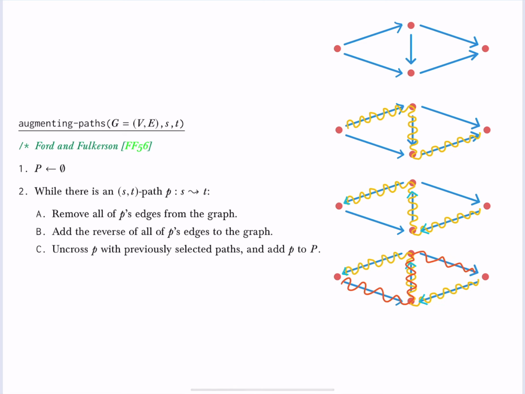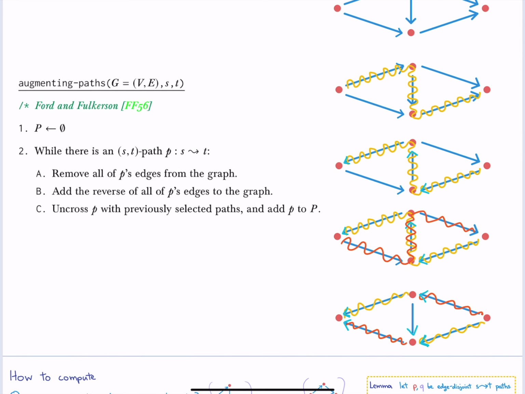Next iteration, you find this path, which is using that new arc in the middle, a reverse of an arc we've already taken. And by the previous lemma, I can uncross those two paths, and that actually adds back in the original edge to the graph.